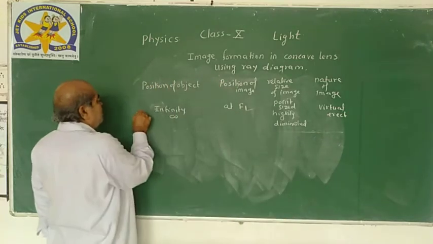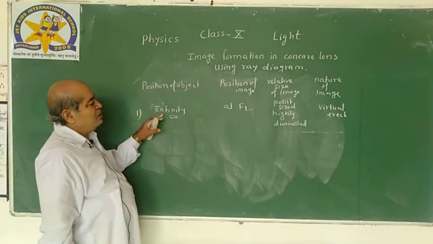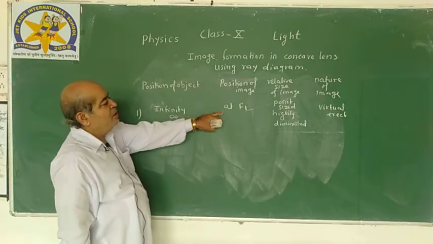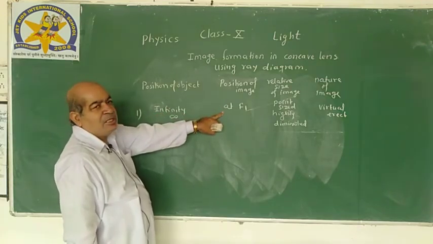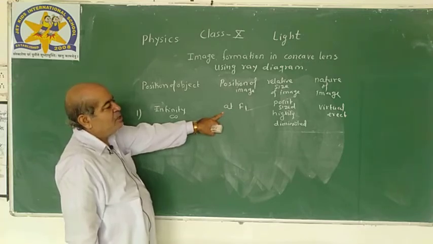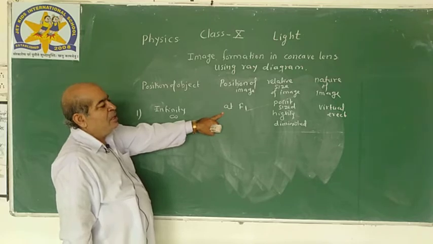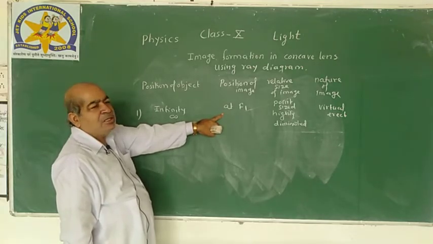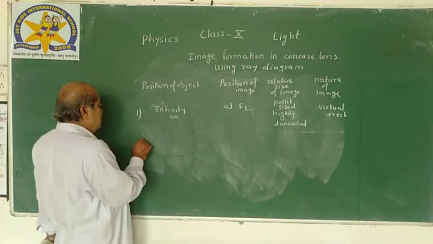So this is the first case. Position of object is infinity. Position of image is at F1, the principal focus. Relative size of the image is point sized, highly diminished, and the nature of the image is virtual and erect.